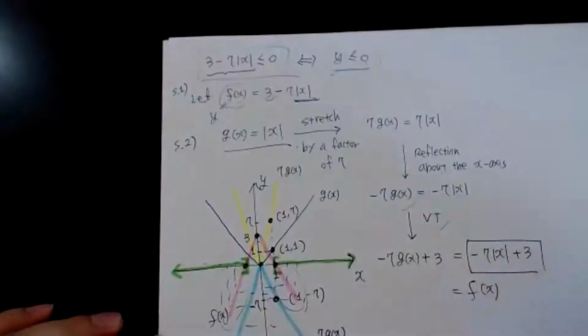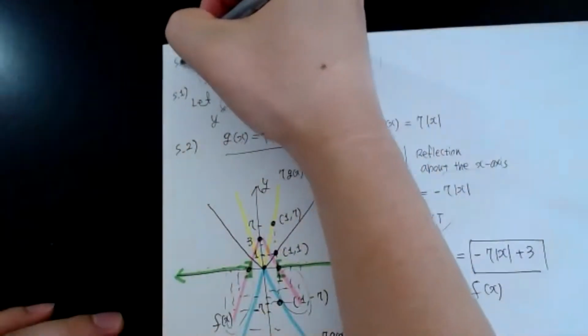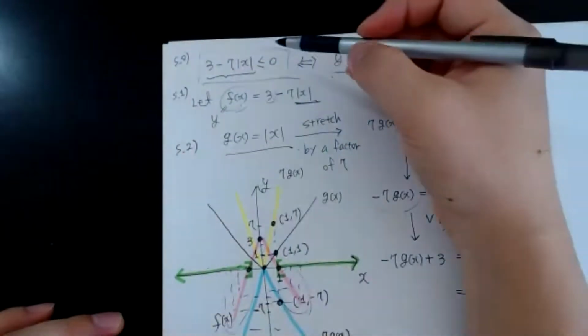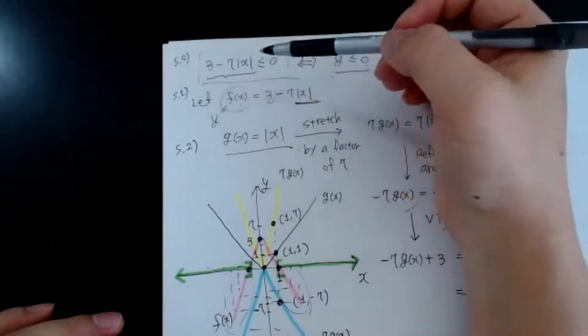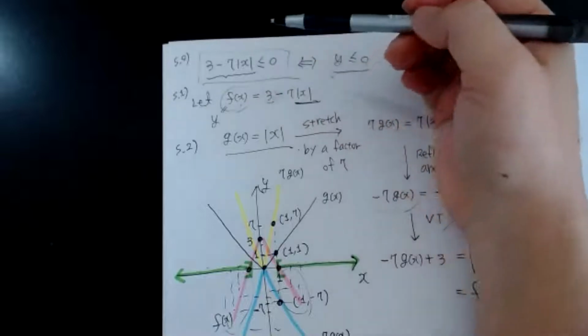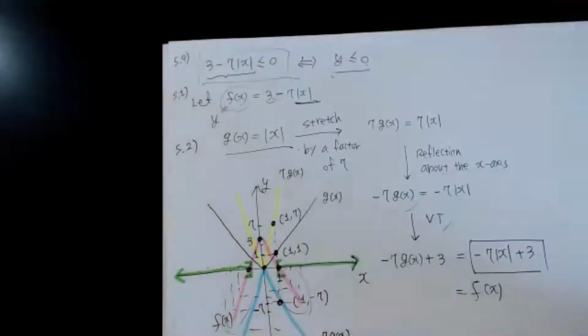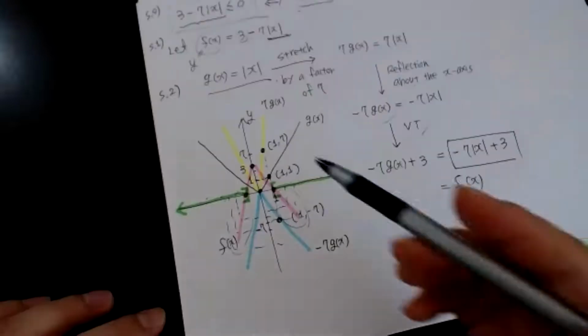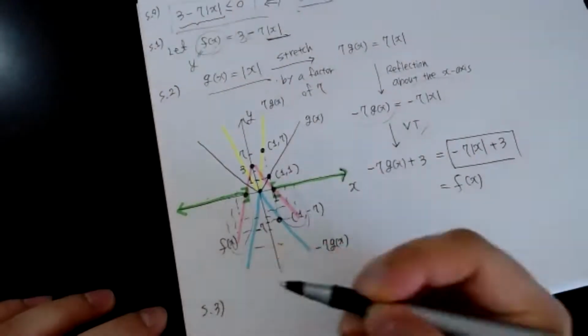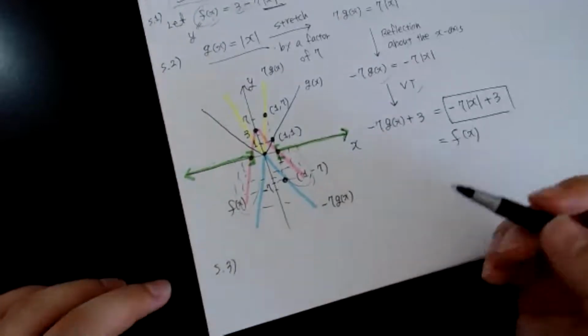Step 0 is to make the right-hand side 0, normally. Then step 1, set the left-hand side as a function, and then step 2, using transformations, plot the graph of the function, and then step 3, find the x-intercepts of the graph.